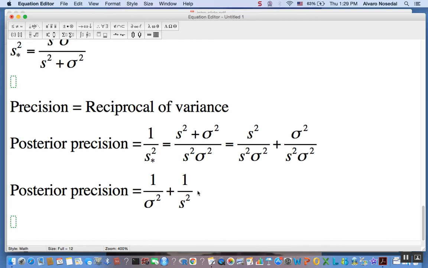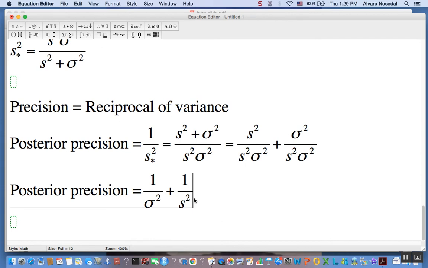Okay, so that's our posterior precision. Note something interesting: the posterior precision is your prior precision plus the observation precision, because that's the variance of your observation y. This one is the variance that you are attaching to mu, your parameter.